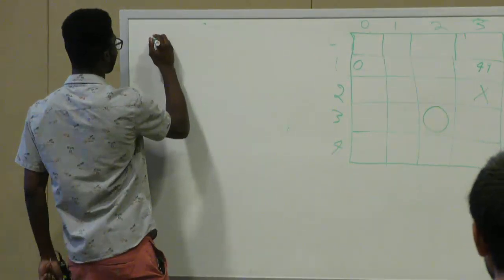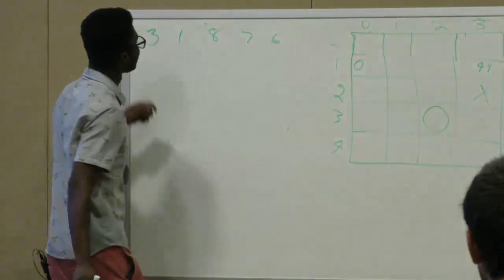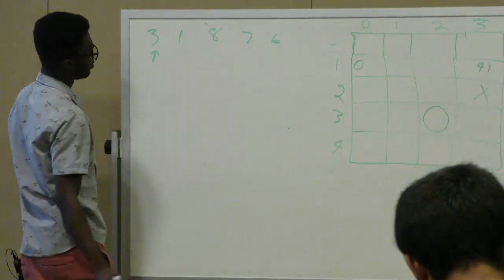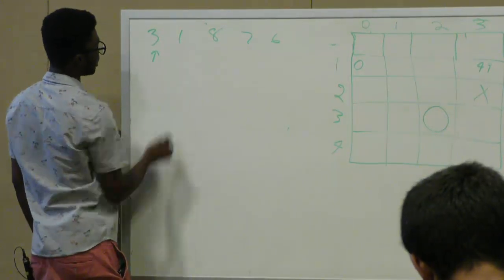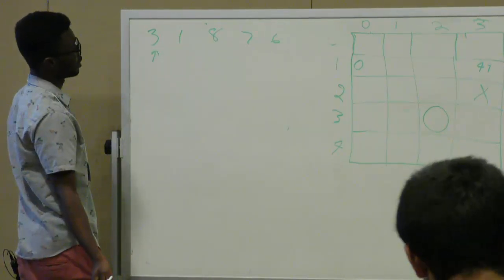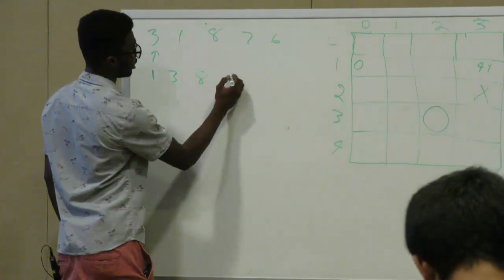So if we had a list of, let's say, 3, 1, 8, 7, 6, the very first step of bubble sort would be to start at the first number and compare it to the next one. In this case, we see 3 is in fact greater than 1, so bubble sort swaps the 3 and the 1.